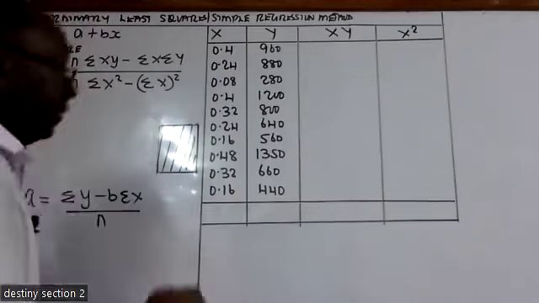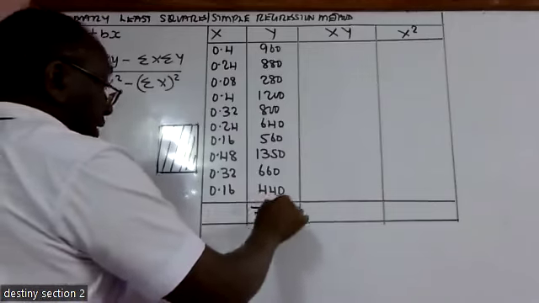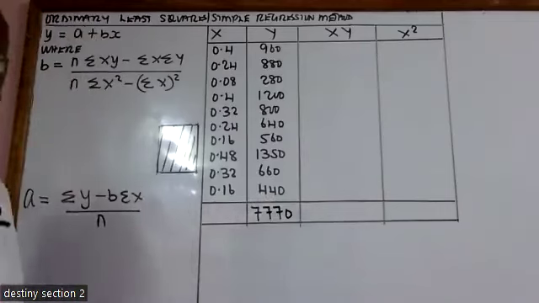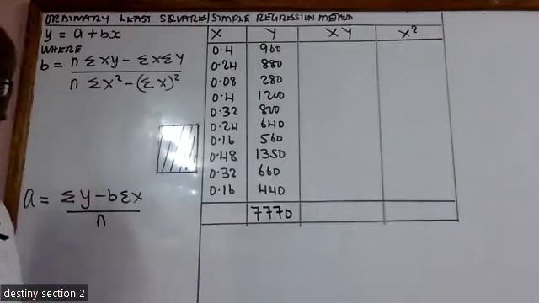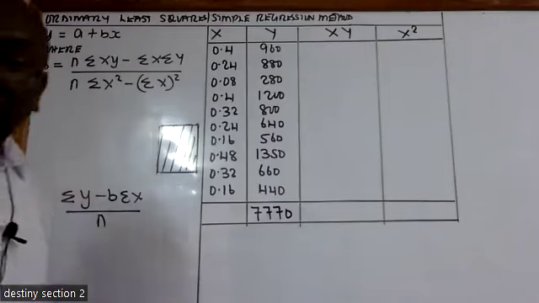Y I'm told is 7770. Good. Give me x now. 2.8.